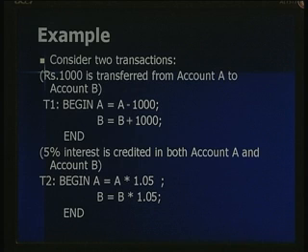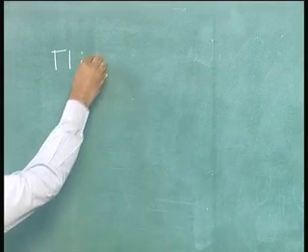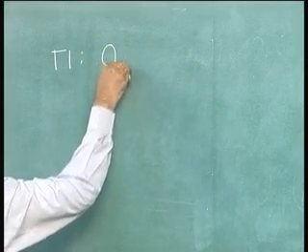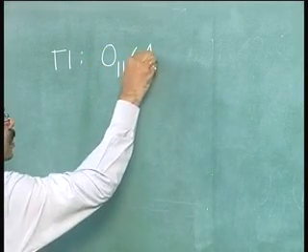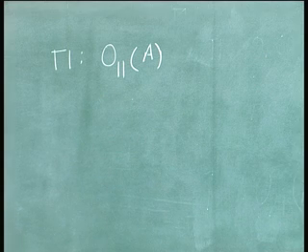Now, we will try to understand these two transactions in terms of the various operations performed by them. I am going to write T1 as performing several operations. The first operation performed by T1 is to take the account A and read the value of the balance in this account.